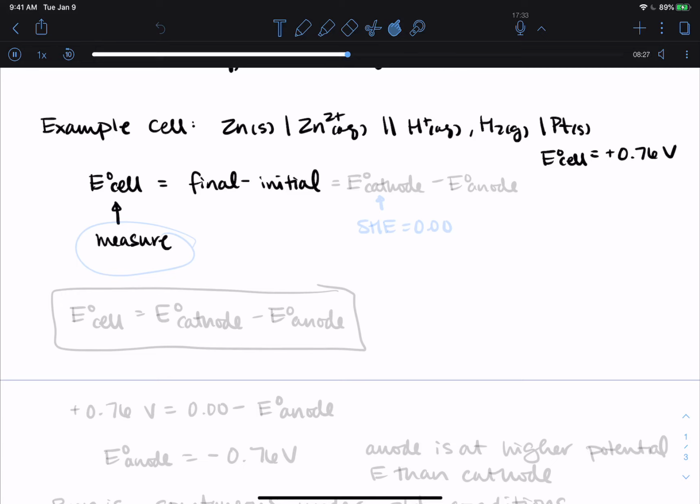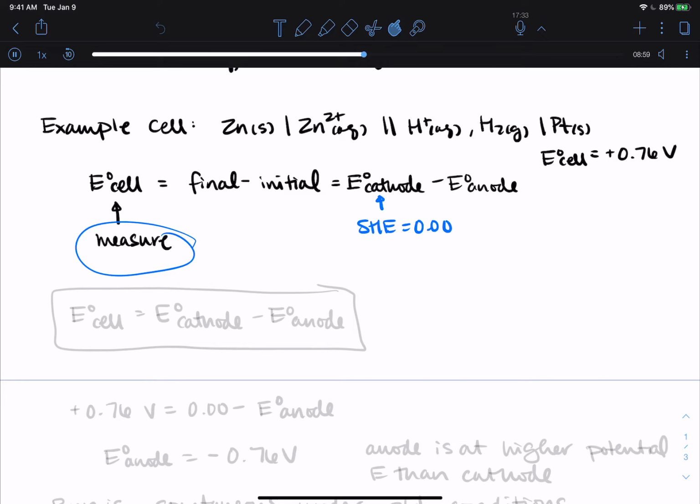We're looking at really a potential energy difference here. And what that translates to is that it's the cathode minus the anode. So we measured this E cell value. The cathode value, that's the standard hydrogen electrode, so it's going to be equal to 0. And then we will be able to calculate the value for the anode.